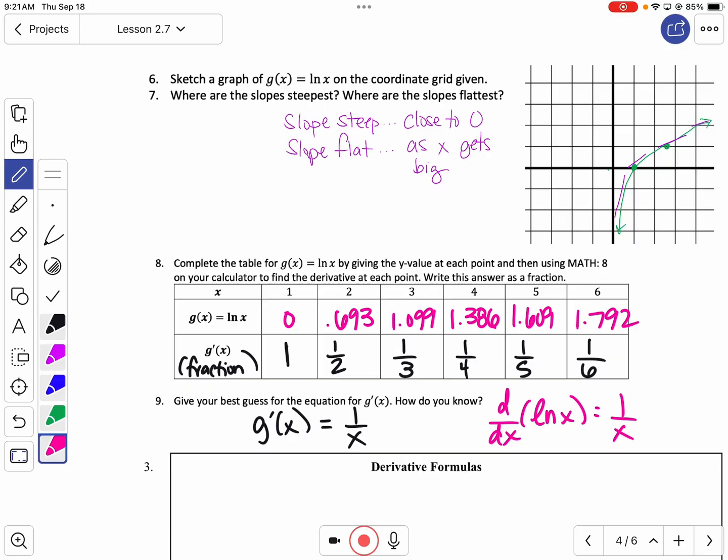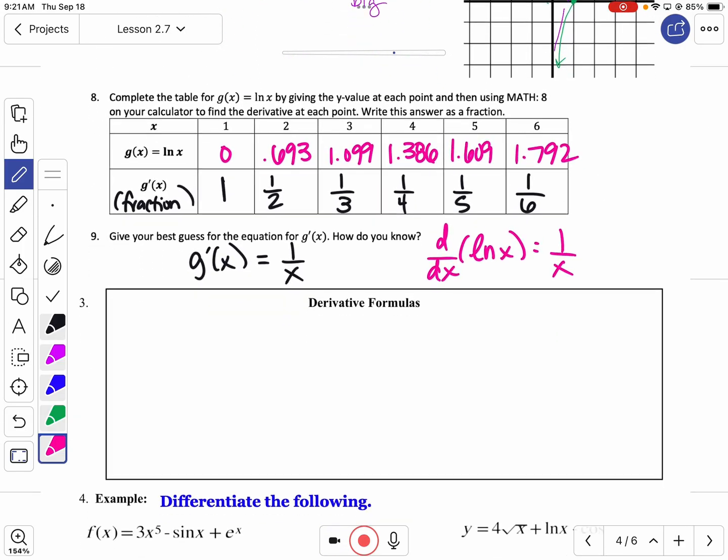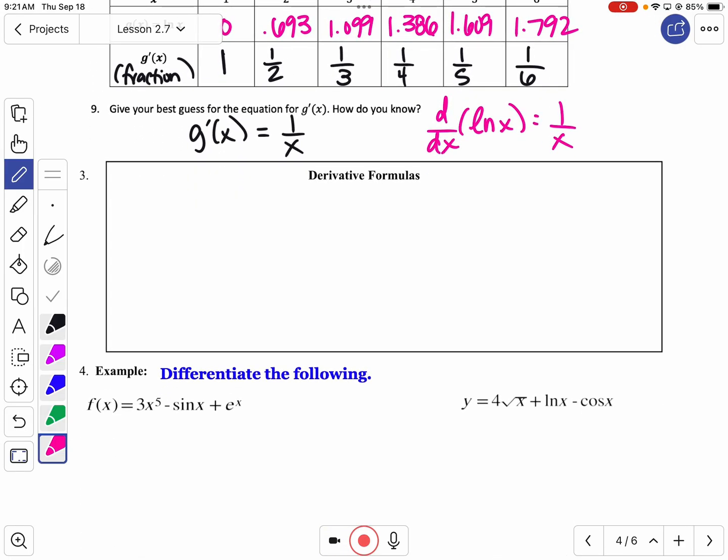So let's pull it all together and talk about what our problems are going to look like. These are your first 4 derivative formulas. Yesterday we learned the general power rule. These are things that would be great to go on your reference sheet. The derivative with respect to x of x to the n is n times x to the n minus 1.